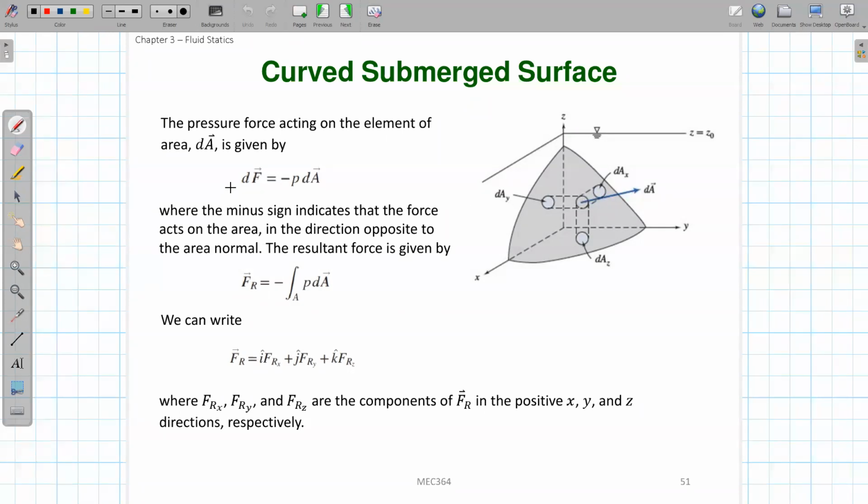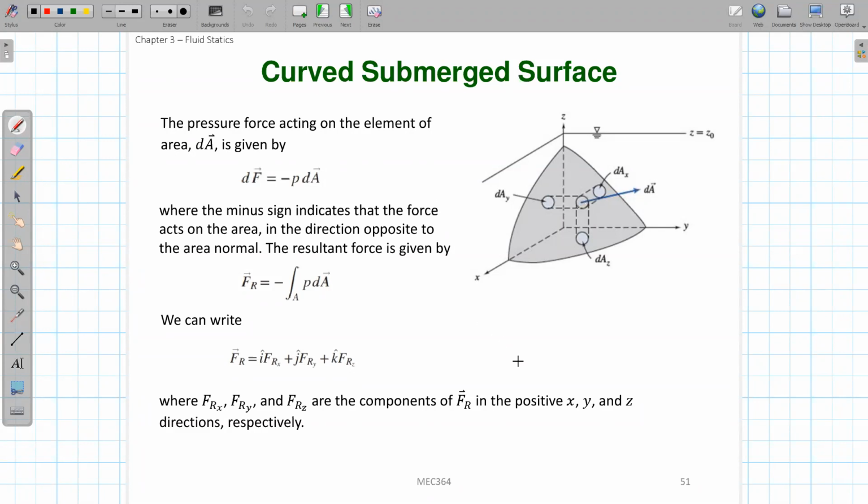By doing this, we can define the element pressure force on this element area as dF equal to minus P, where P is the pressure at this point here, times dA. And we have a minus sign here. Why? Because we know that your pressure force is always in the inverse direction of your area normal direction.